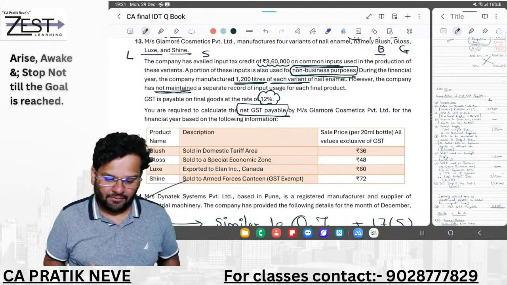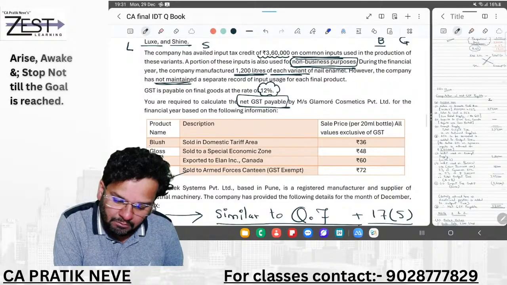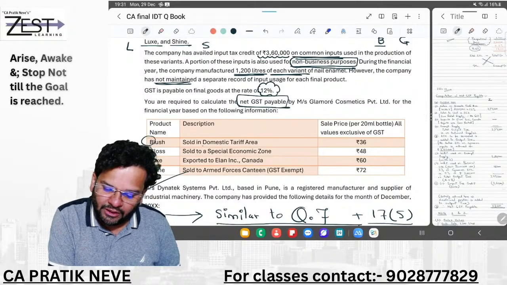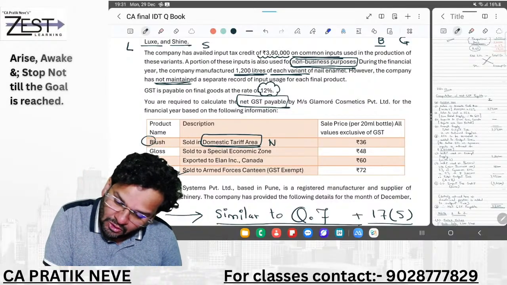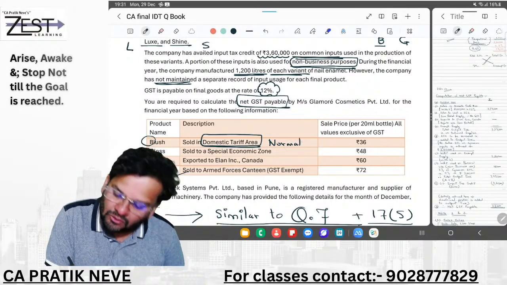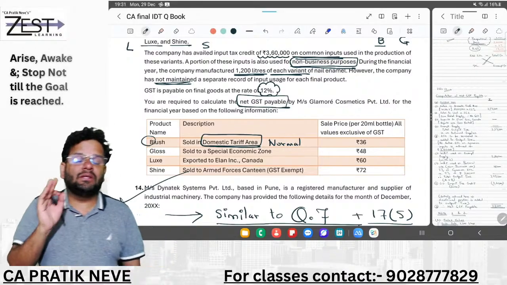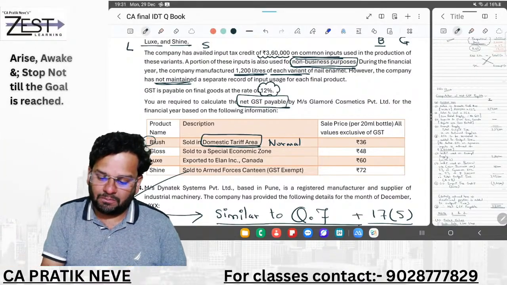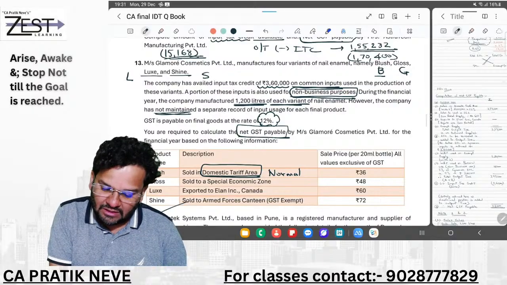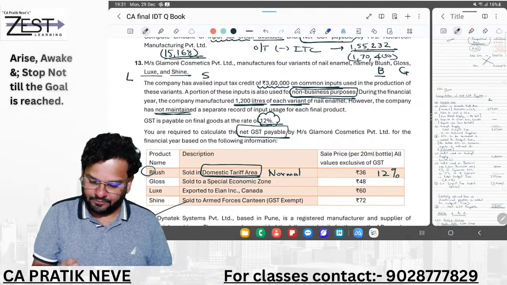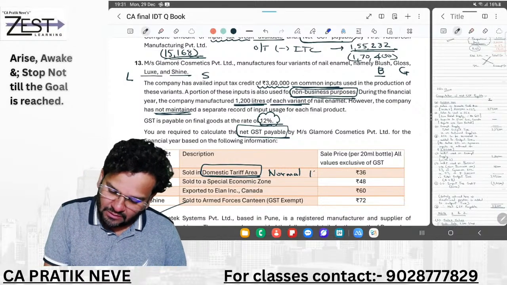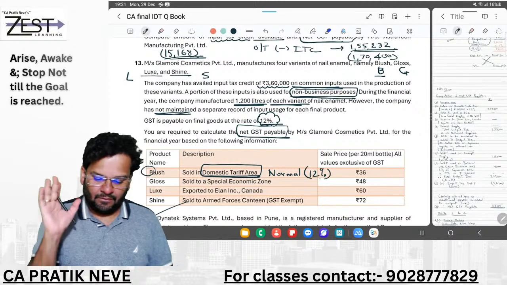Now focus. This product blush is sold in the domestic tariff area. That is, this is a normal supply, normal sale. On this, there will be GST of 12%. Any doubt in this? No, sir. No doubt in this.